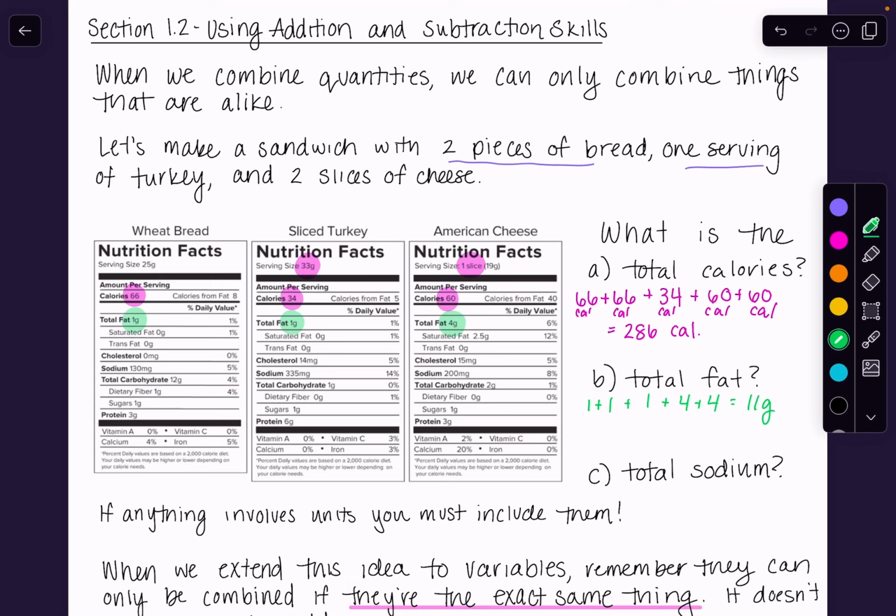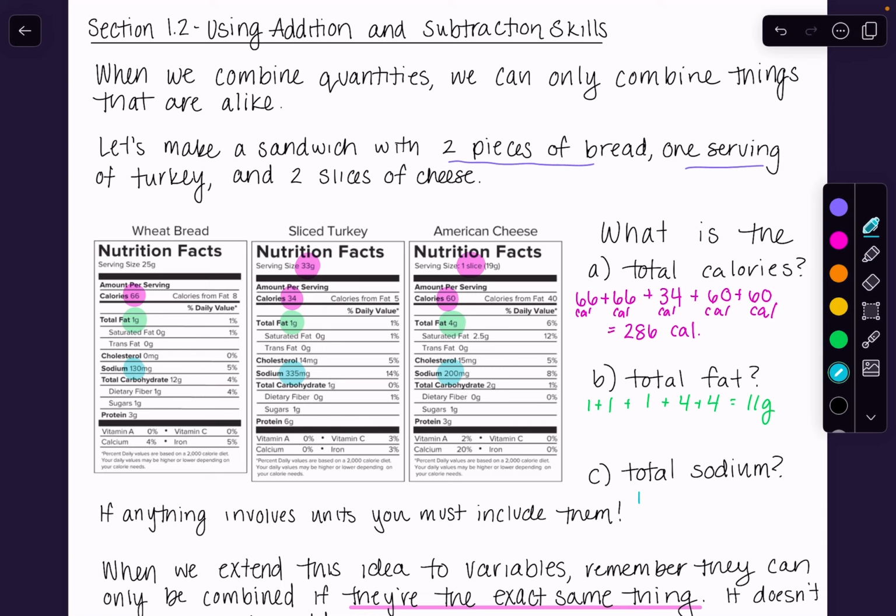For sodium, then we move on to that part of the label. So the bread has 130 milligrams in each piece. Turkey has 335 milligrams of sodium, and each slice of cheese is 200 milligrams.